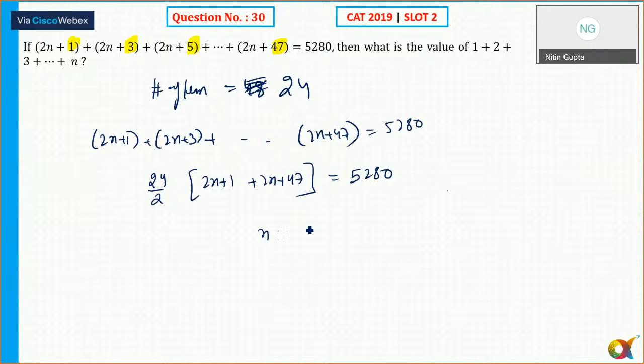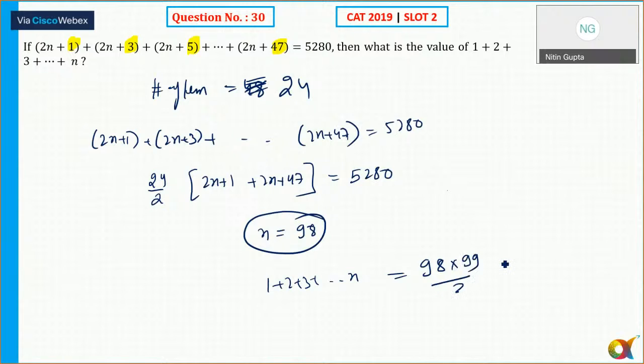And the question is 1 plus 2 plus 3 up till n. So the sum of first 98 natural numbers is 485. So easy था ये. It was not a difficult question. I'll not say it's easy, but yes, of medium difficulty level.